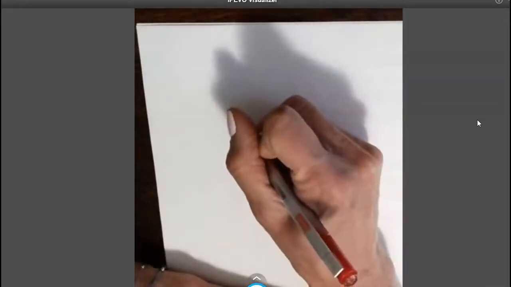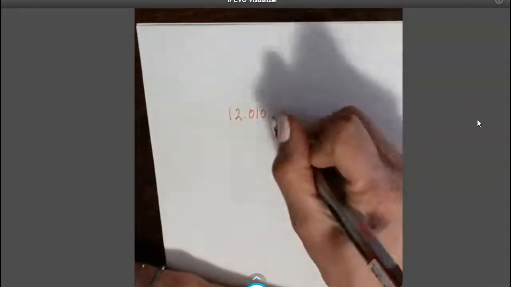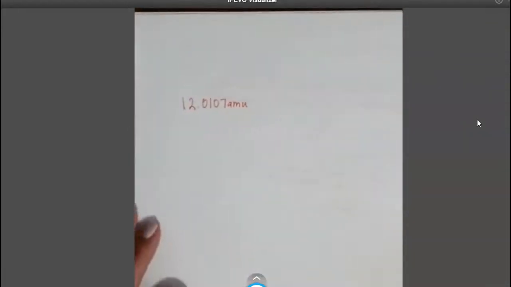Let's start with carbon. If we have 1 carbon atom, its atomic weight is 12.0107 AMUs. That's the weight of 1 single carbon atom.